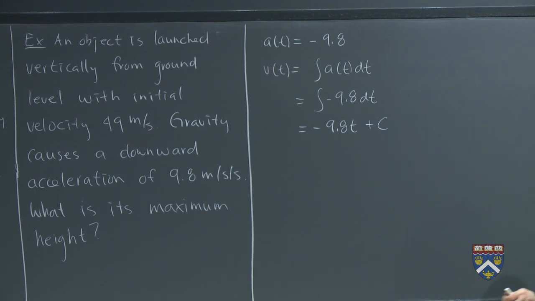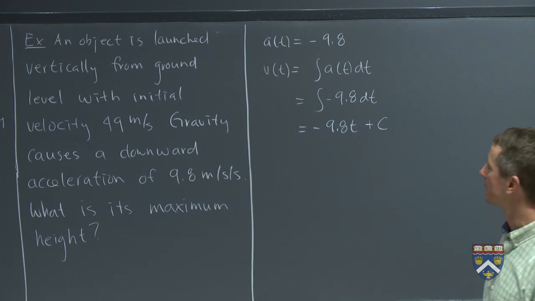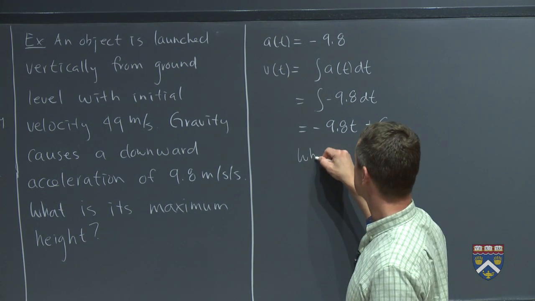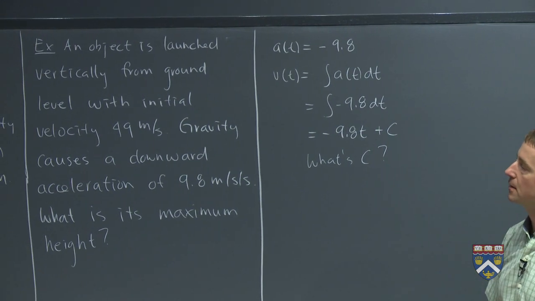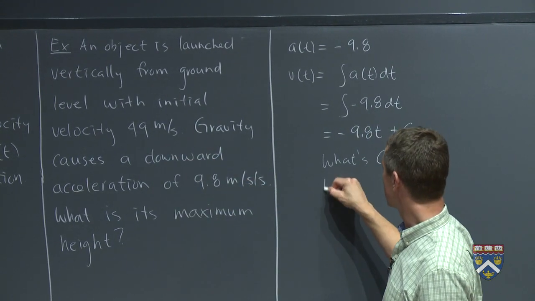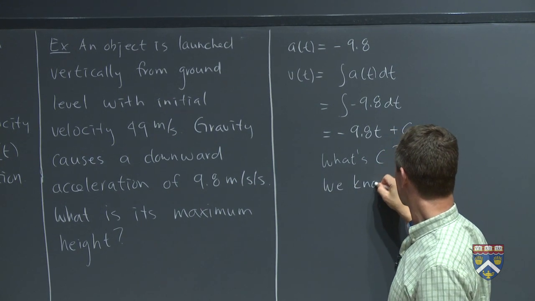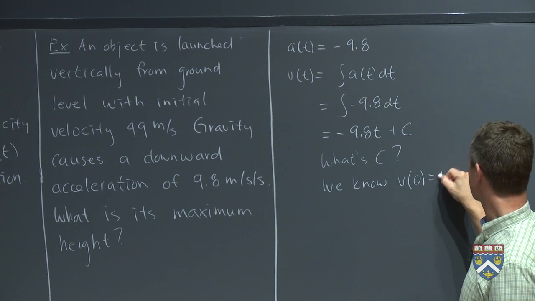So in this case, can we figure out what the c is? Do we have enough information to do that? Is there something in the problem that lets us figure out what the value of c is here? So what's c? We do have enough information because we know the initial velocity is 49. So we know that v of 0 has to be 49.